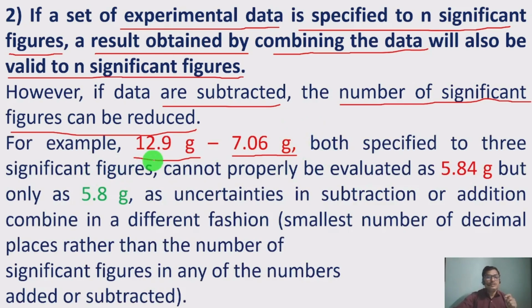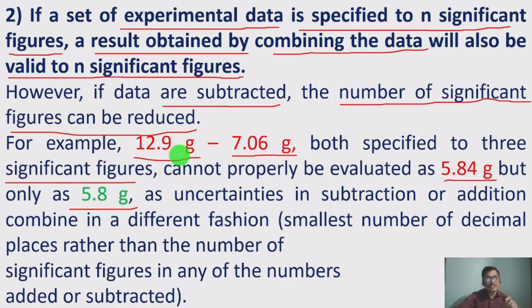For example, 12.9 gram mass minus 7.06 gram mass, both specified to three significant figures, cannot be properly evaluated as 5.84 gram. This result will give 5.84 gram, but only as 5.8 gram because of the subtraction rules.